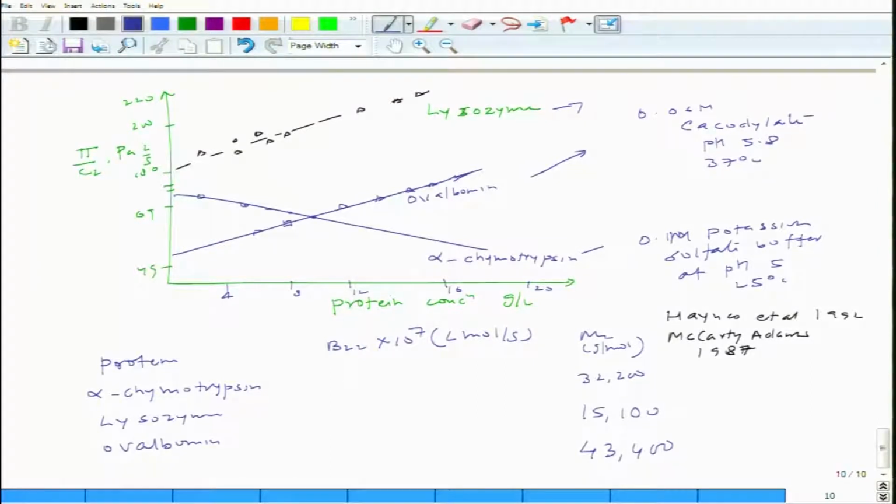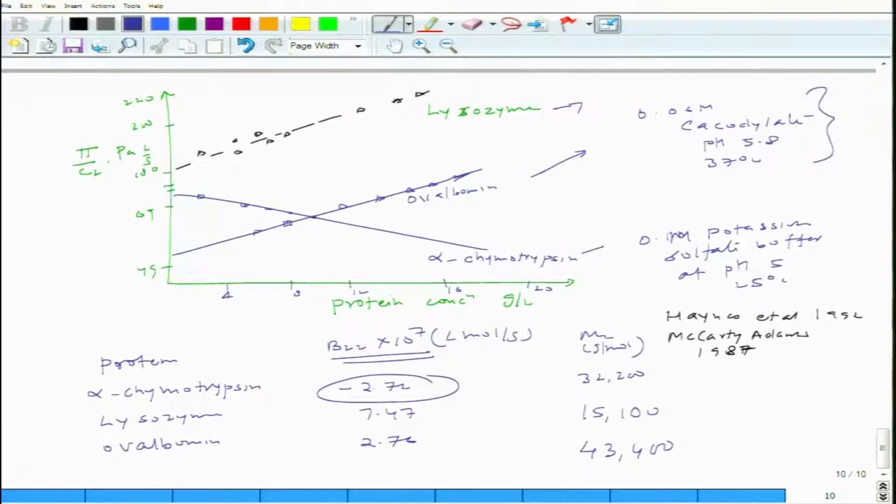What is more important is the value of B22. Chymotrypsin turns out to be minus 2.72, lysozyme is 7.47, and ovalbumin 2.76. So you can clearly see that the slope is different for lysozyme and ovalbumin in this solution as opposed to chymotrypsin in this potassium sulfate buffer. Having a negative virial coefficient indicates that the molecules are effectively attractive to each other in the solution.